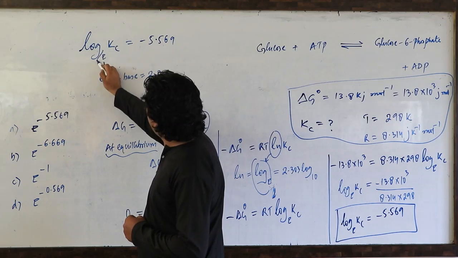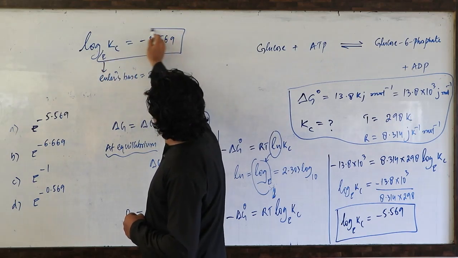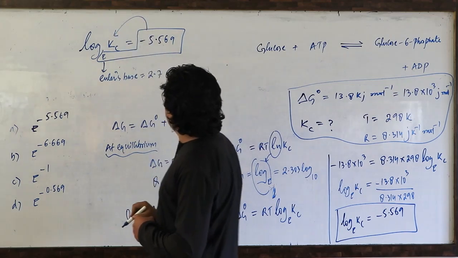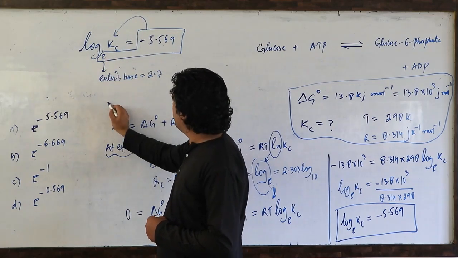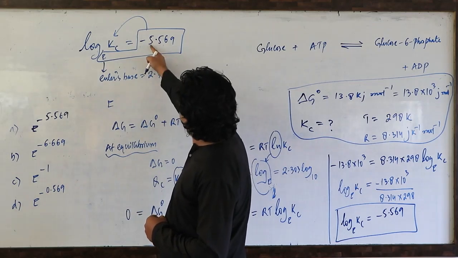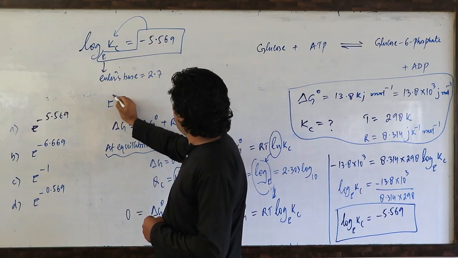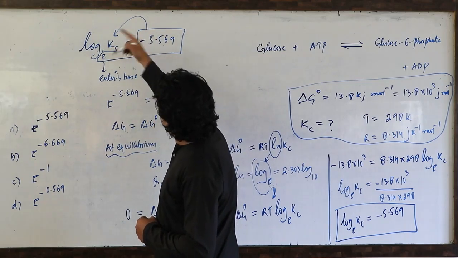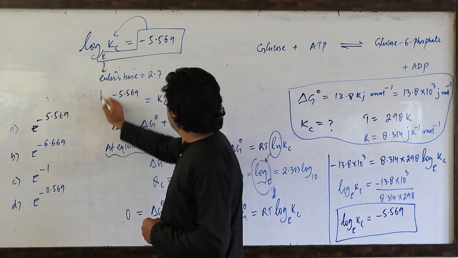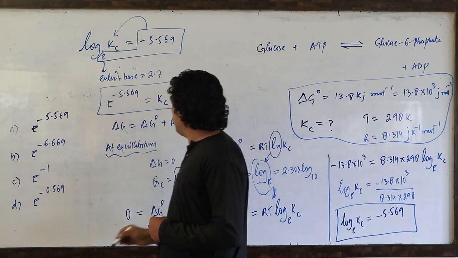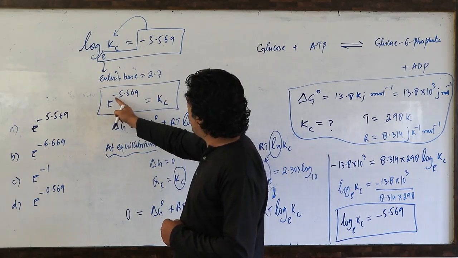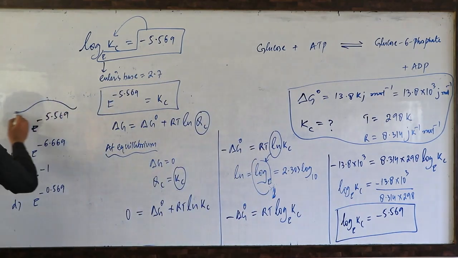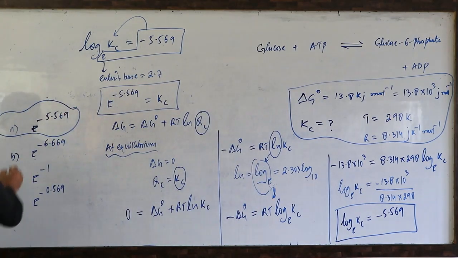Take this e as a base and take this minus 5.569 as a power, and the result will be Kc. So what is the value of Kc? Kc is equal to e to the power minus 5.569. So obviously our first option is the answer, e to the power minus 5.569.